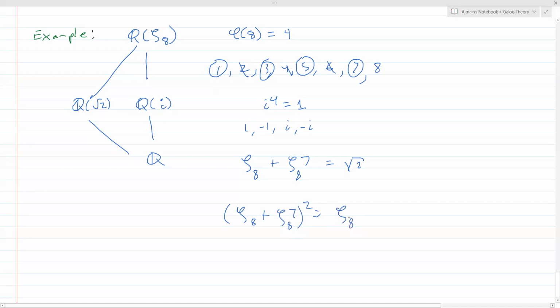We get zeta 8 squared plus 2 times zeta 8 times zeta 8 to the 7th, which is 1, so 2 times 1, plus zeta 8 to the 14th.